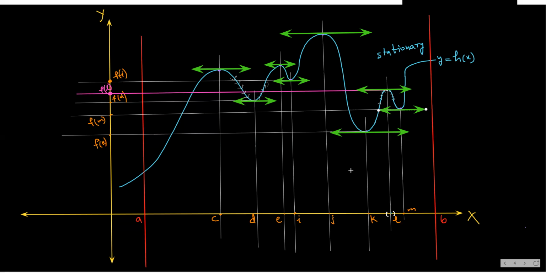The line touching the curve at the point where it has maximum or minimum is parallel to the x-axis. Now if all these tangents are parallel to the x-axis, they will have slope equal to 0. Why? Because any line which is parallel to the x-axis has slope equal to 0. Now this idea we are going to use.